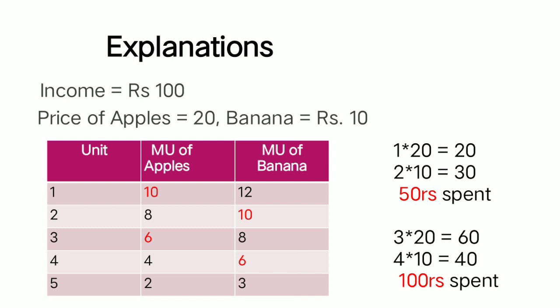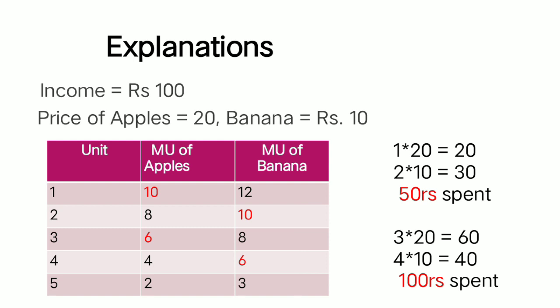So now, in order for us to get the amount spent, we multiply: 1 times 20 is equal to 20, 2 times 10 is equal to 20, and 20 plus 20 is 40 spent.